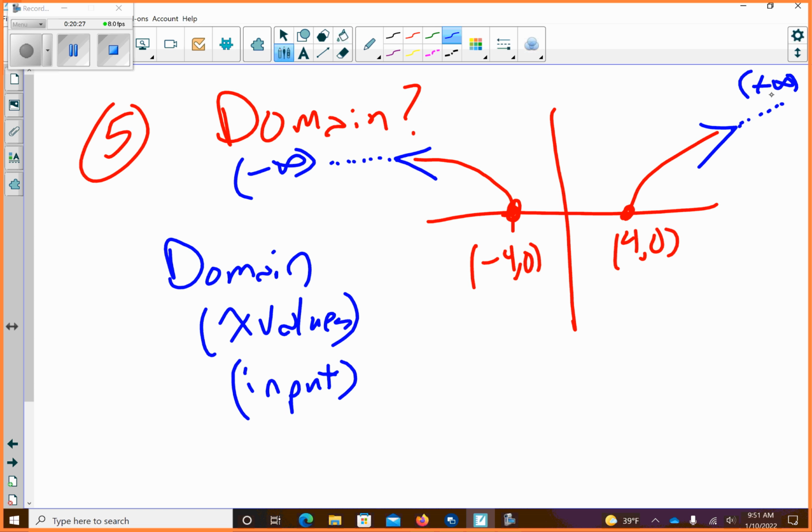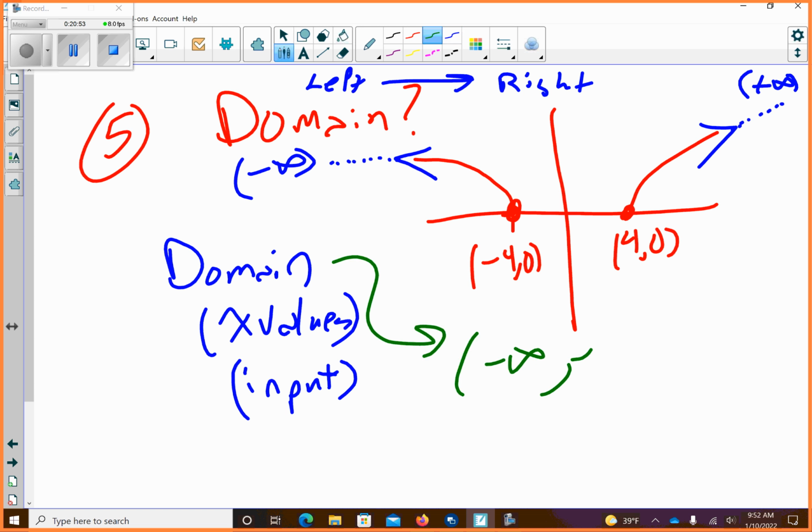So how I talk about the domain is I say this. We want to read the domain like we read a book or a text. You read it from left to right. Agreed? Just like you read texts, books, magazines, articles, whatever. So my domain of this is going to go from negative infinity to negative 4, but we're going to put a hard bracket at the 4.